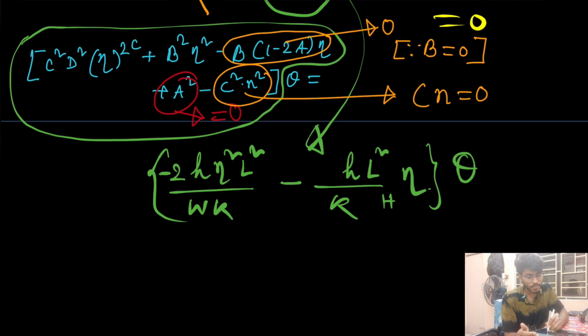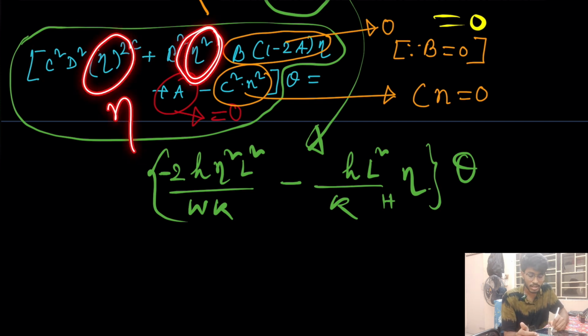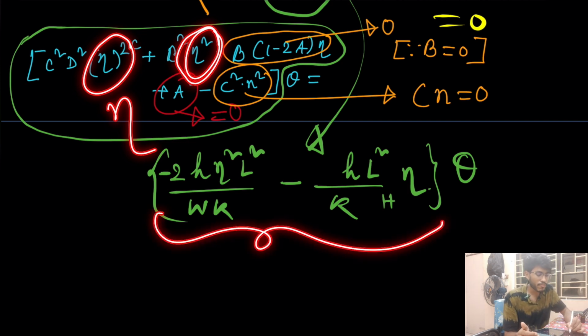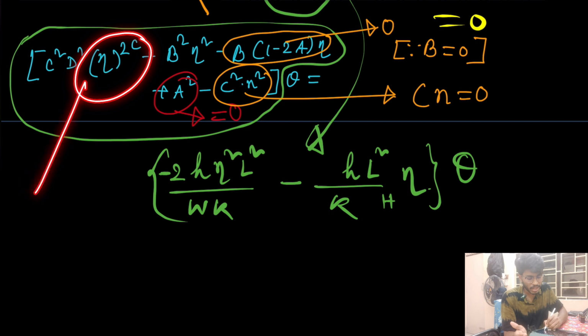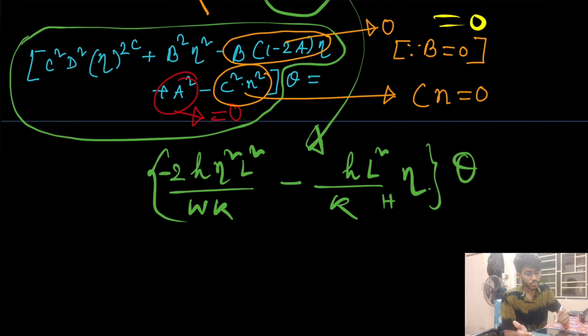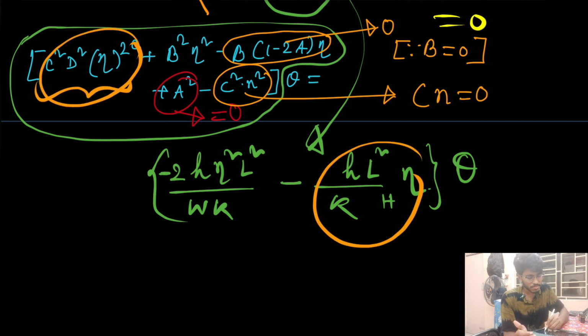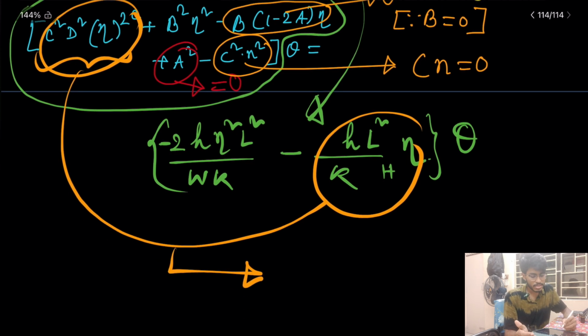But if c is equal to 1, then you have here eta square, here also eta square, and no eta term. But in this expression I have one eta term also other than eta square. So this term cannot be eta because it is already eta square. But if here I have c equal to half, then this term can be a term containing eta. So comparing this term and this term, I must have c equal to half.